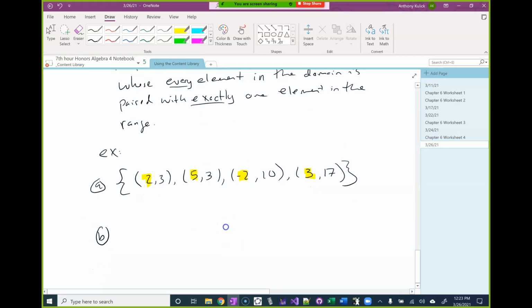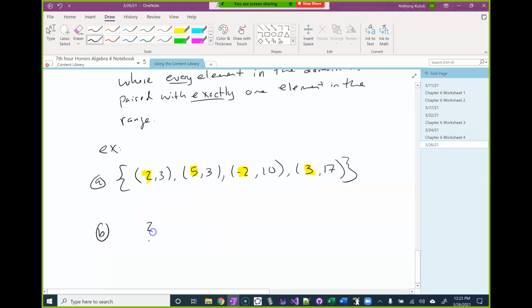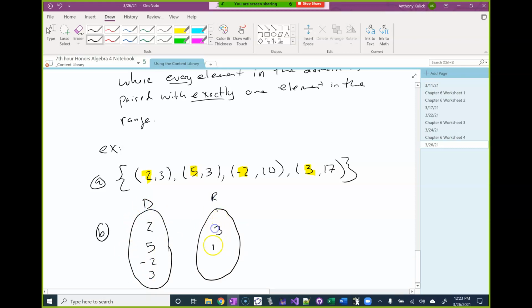We also sometimes represented our function with a mapping diagram, where we used an arrow to indicate the values that are paired together.